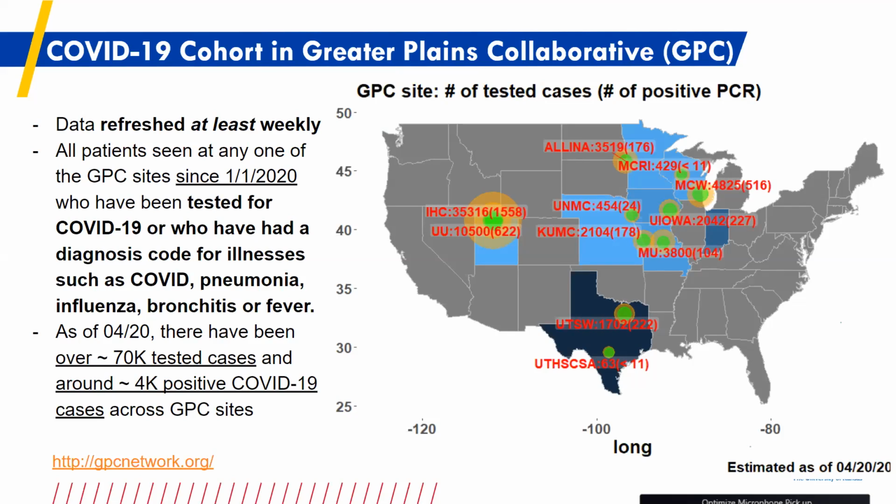And as of April 20th, there has been over 70,000 tested cases across the 11 GPC sites, and around 4,000 positive COVID-19 cases across the GPC sites. So here is a little breakdown of the number of cases, the number of tested cases, and the number of positive cases across sites.